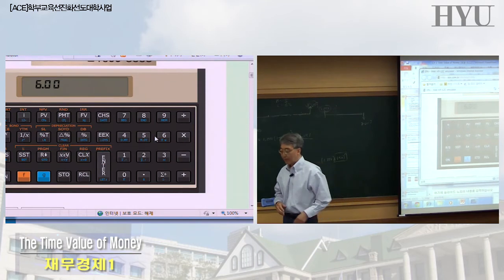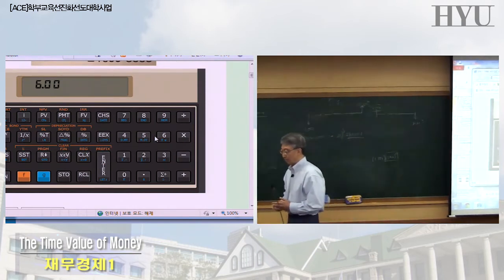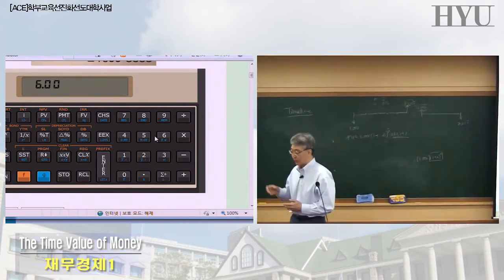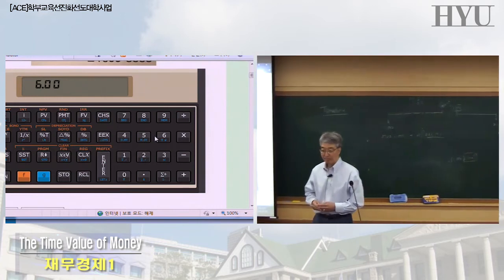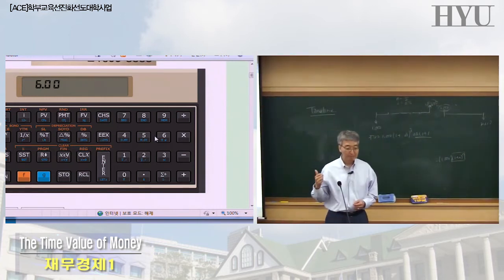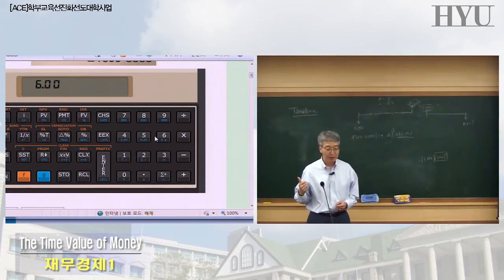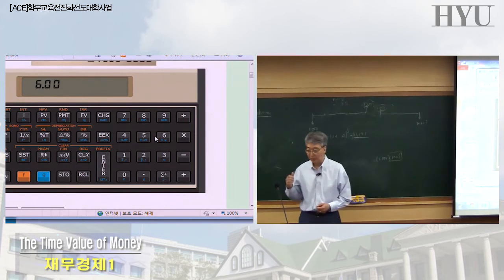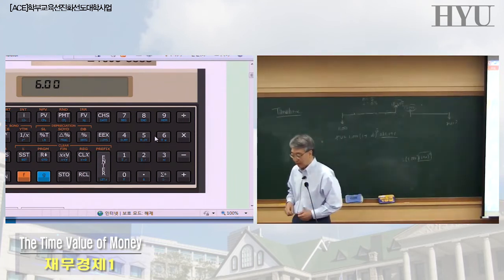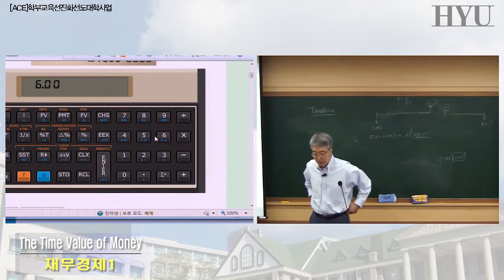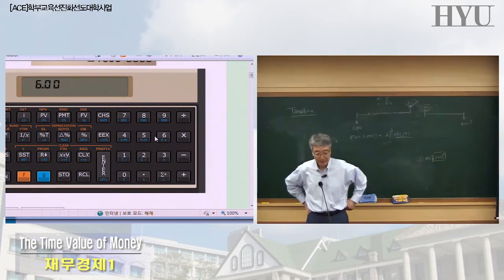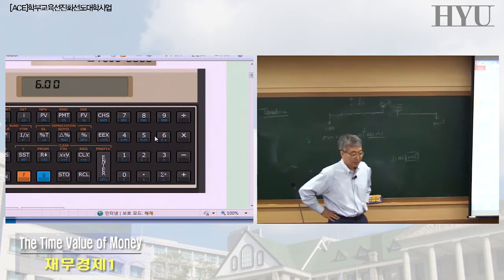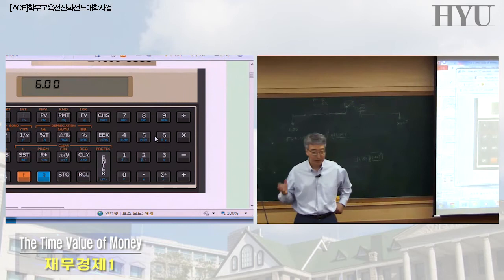So believe it or not, in the financial world, this is the standard calculator. If you go to Hanyang Women's College, there's a Shinhan Bank branch. The branch manager, Ms. Hong, I went to her to discuss how to send money to the United States.